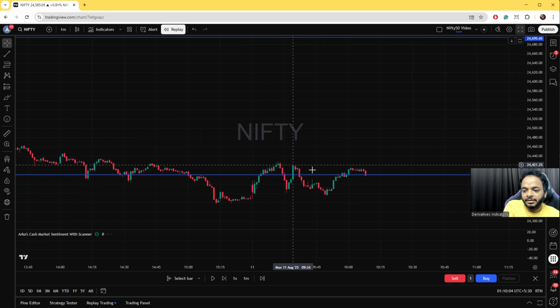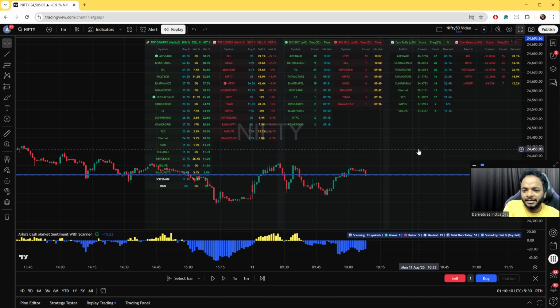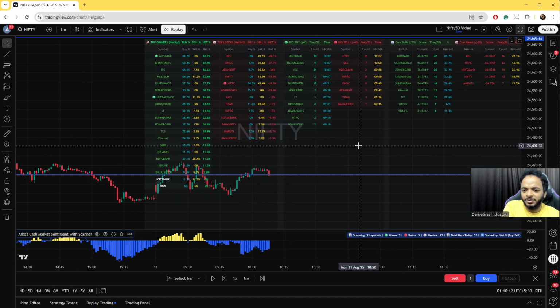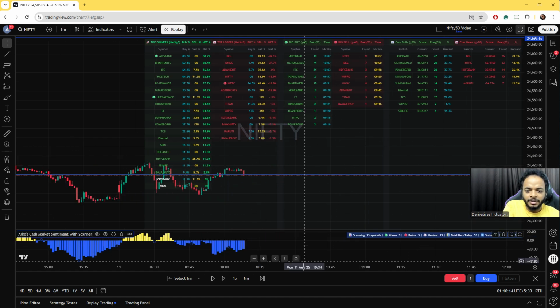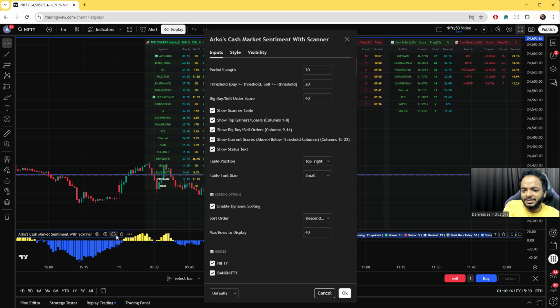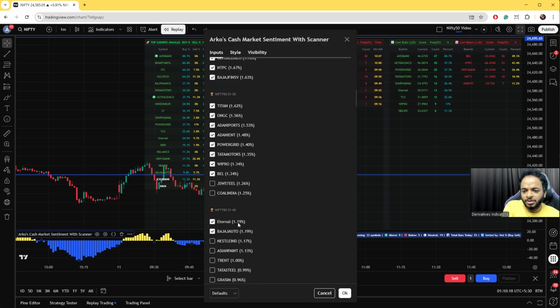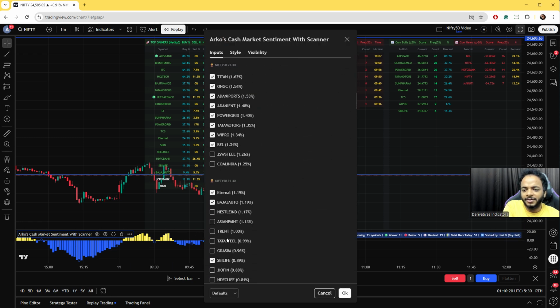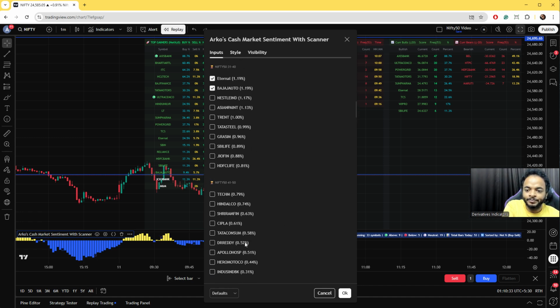In replay mode, sometimes TradingView has a limitation of computational power, so let's decrease two more stocks. In real time it still gets time, but in replay mode the bars go very quickly, so it doesn't get much time.